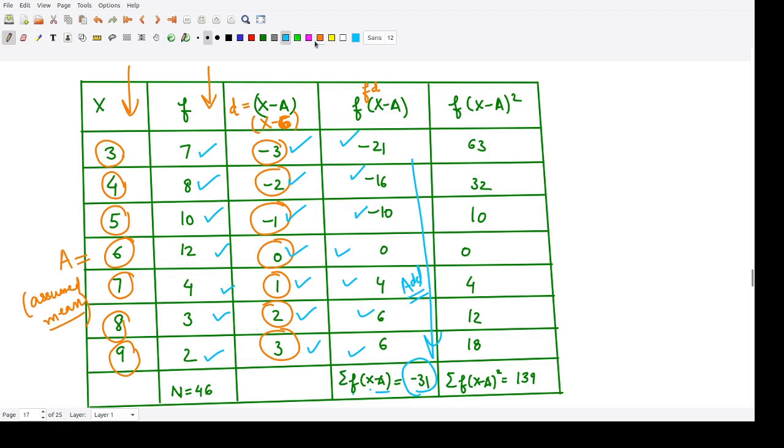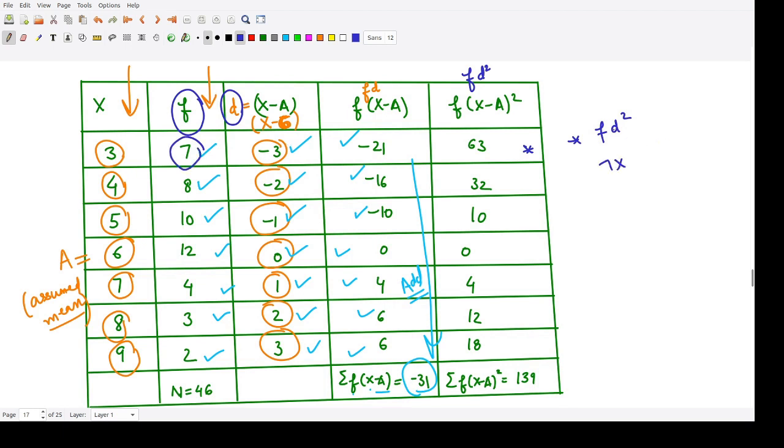Another term that is required here is f into d square. What is d square? F is this column, d square is the square of this column. So for this particular quantity, you are writing f d square. What is f? F is 7. What is d?